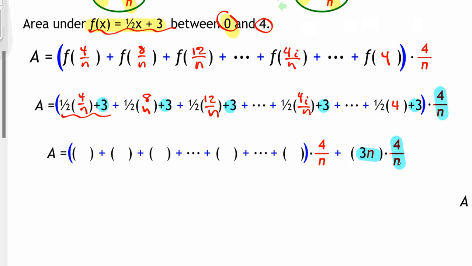But I've separated it out as its own separate term. And then inside the bracket, I've simplified a little bit. Half of 4 over n will be 2 over n. Half of 8 over n is going to be 4 over n. 6 over n, half of that will be 2i over n. And then half of that will be 2. Good?